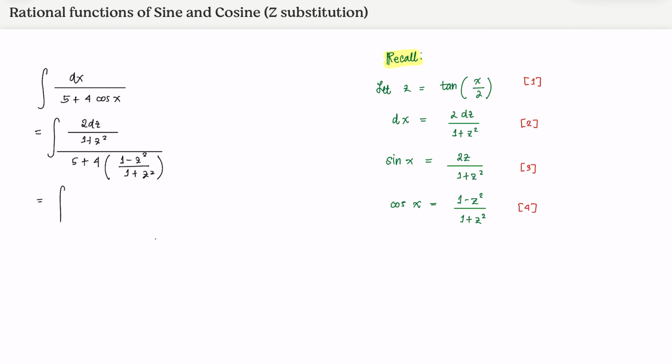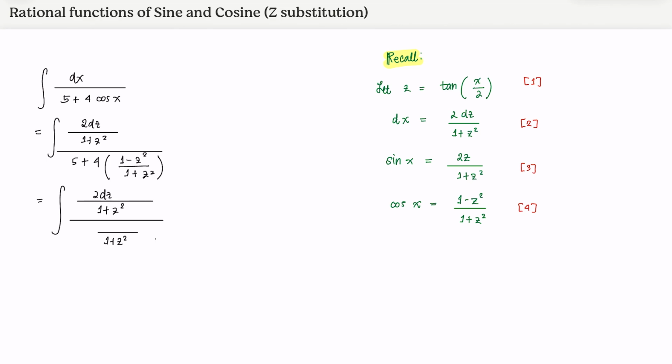All right, so we're now simplifying the integral. I'm just going to copy the numerator, 2dz all over 1 plus z squared. And for the denominator, I'm going to take out the LCD, which is 1 plus z squared.